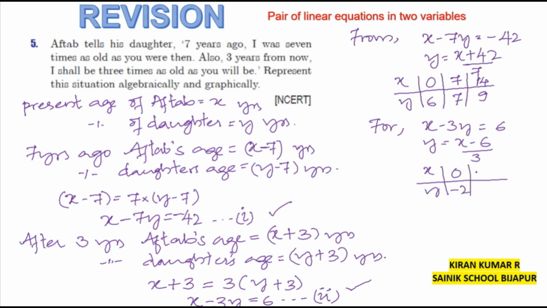When the value of x is taken as positive 6, the value of y will be 0. When the value of x is taken as 12, 12 minus 6 is 6 by 3 is 2. With these two values, we have to plot the graph.